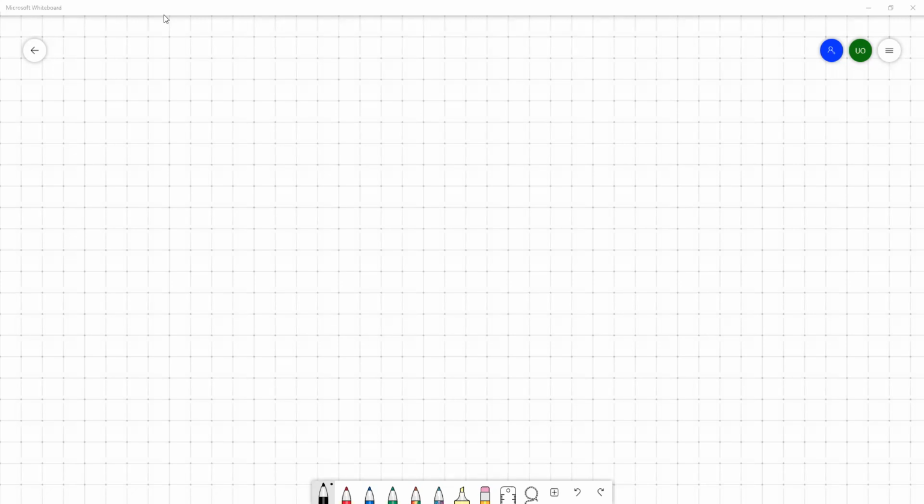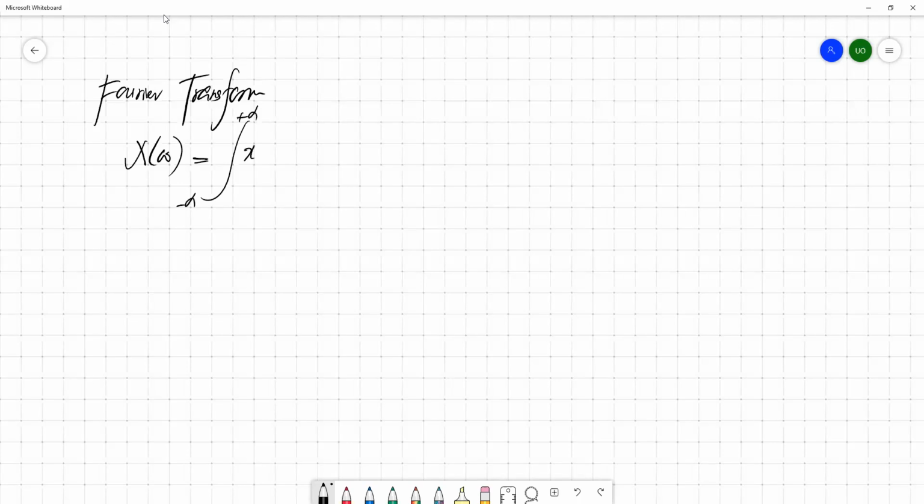So last time we discussed a couple of examples regarding this Fourier transform. You can easily evaluate the Fourier transform X(jω) by integrating the time domain quantity like this.